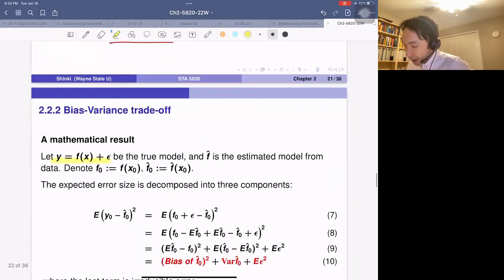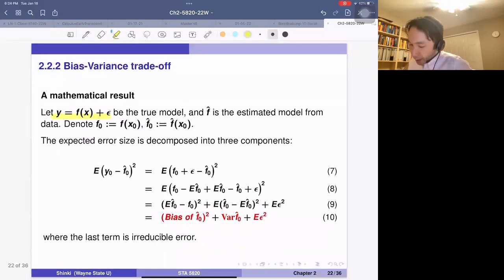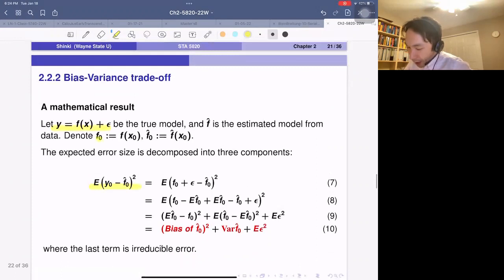So we have 2 different estimates. Then we have the trade-off between bias and variance. What is the expected error size? It is the expected squared difference between y0 and f hat of x0, where f0 is f of x0 and f hat 0 is f hat of x0.